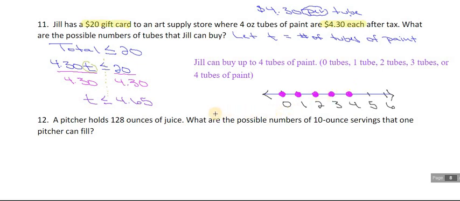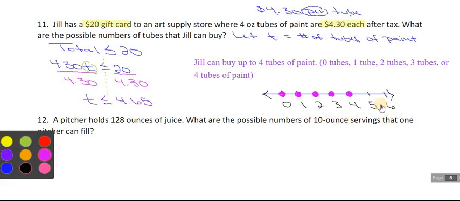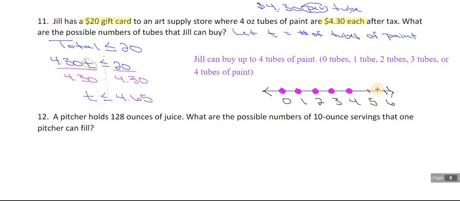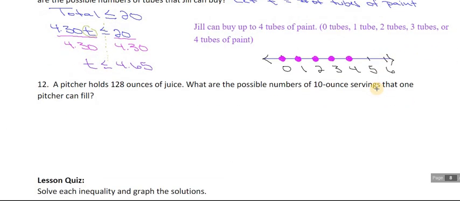And number 12 says a pitcher holds 128 ounces of juice. What are the possible numbers of 10-ounce servings that one pitcher can fill? So the total number of ounces that we've got to work with is 128. There's literally no more than 128 ounces of juice.